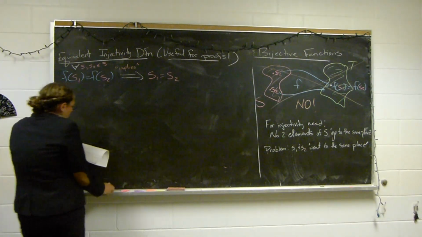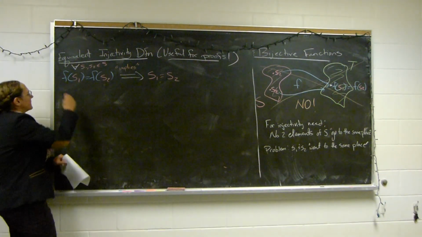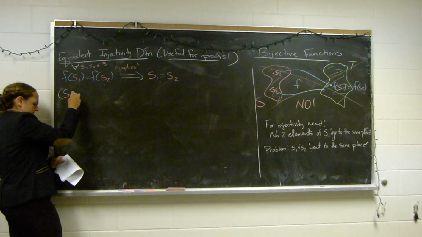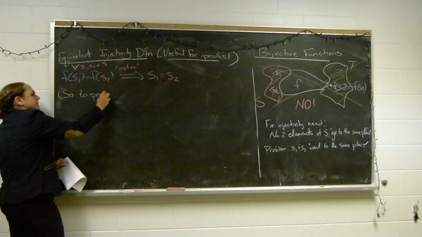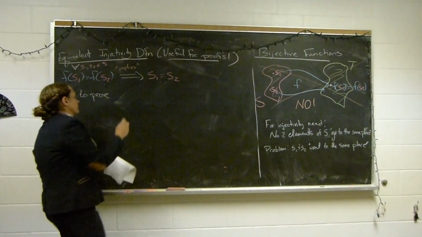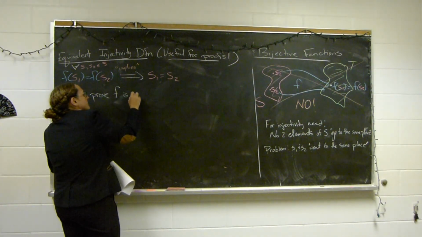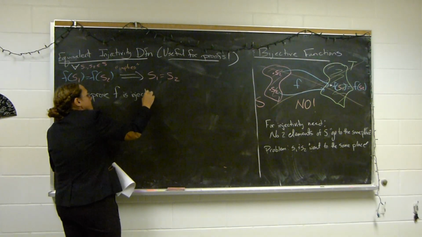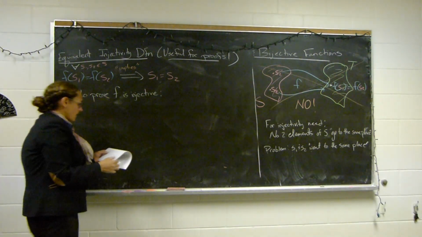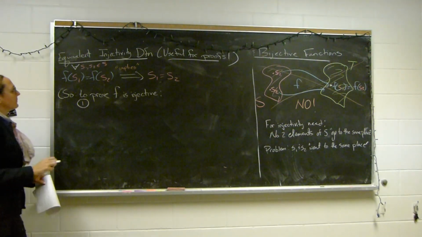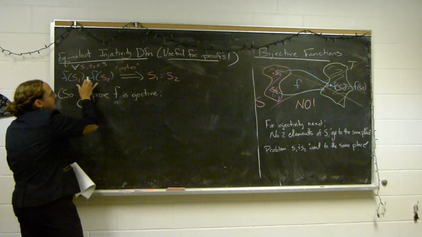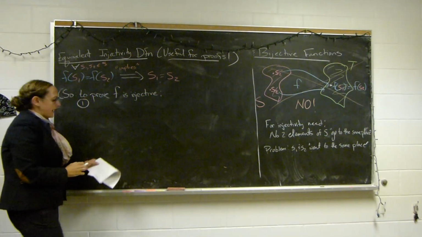So, how do we prove that f is injective? Well, this is an implies proof, so I assume this side and I show that side.